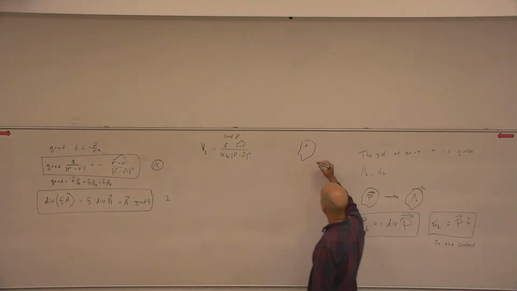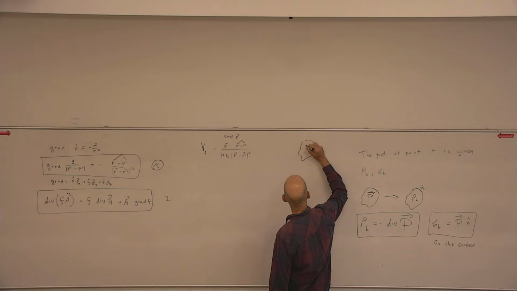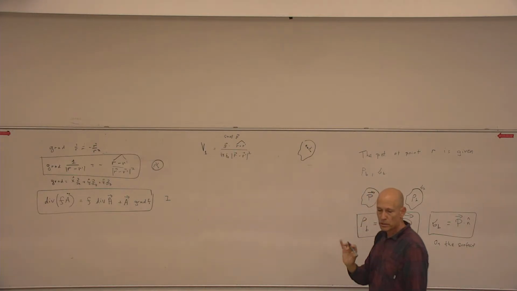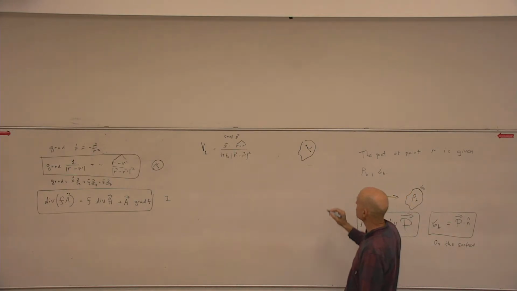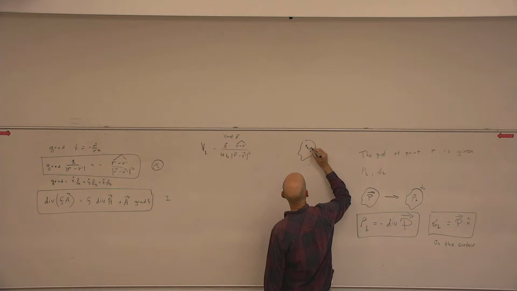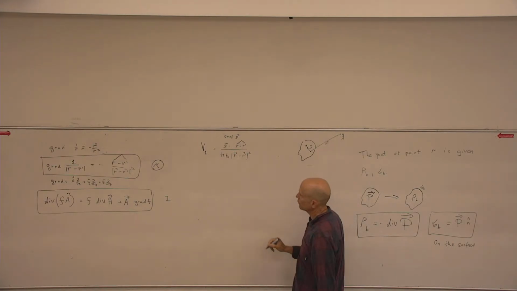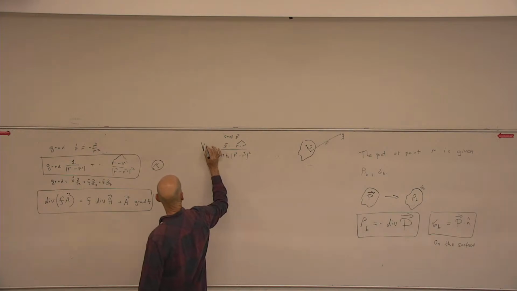So what do I mean by this exactly? This is more or less the same as before. Here I have r prime. This is my origin. It's arbitrary. I can put it in many different ways. This is r prime. This is r. And this is r. Here I have my viewer, and I'm interested in V at point r.